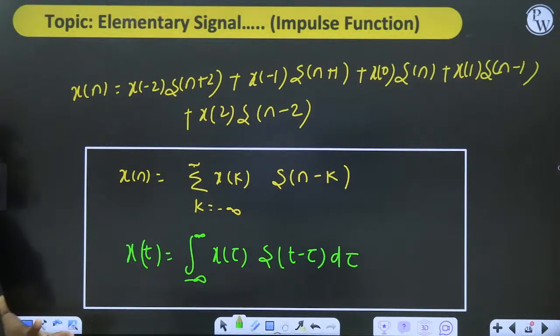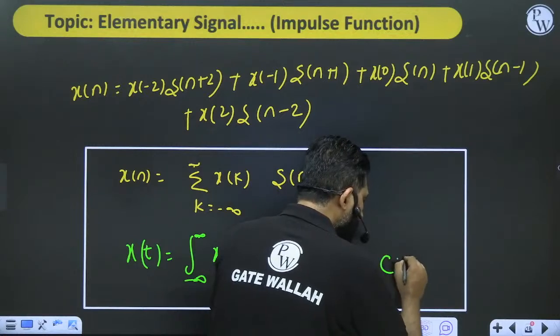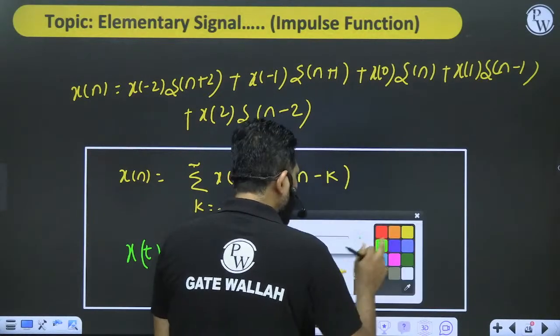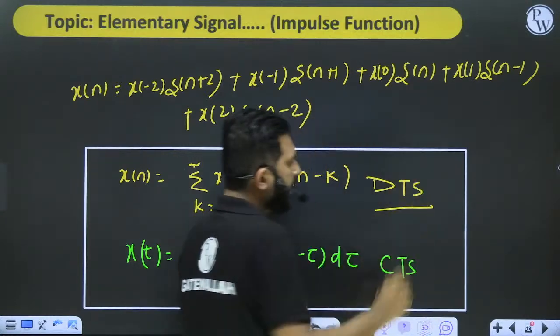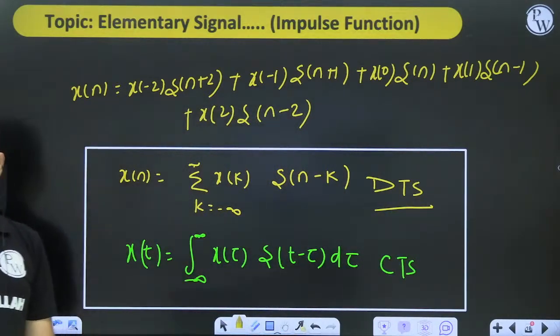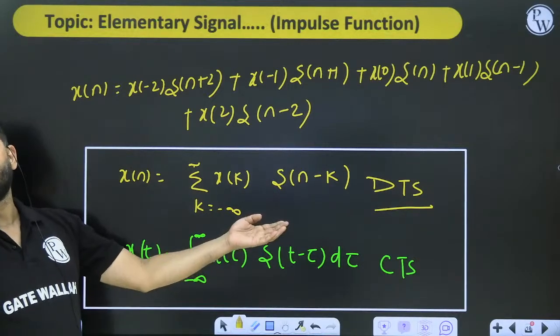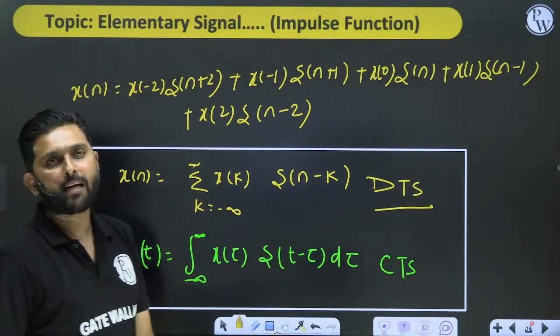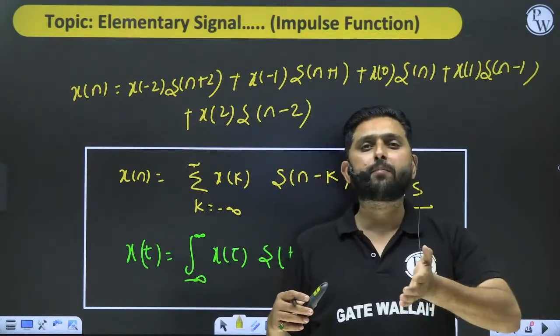So any function can be written either in CTS, this is in CTS, but this should be in DTS. Any function can be written in terms of shifted impulse functions, either in CTS or DTS. The meaning is exactly the same. That is what the meaning is, that any function can be represented by impulse response.